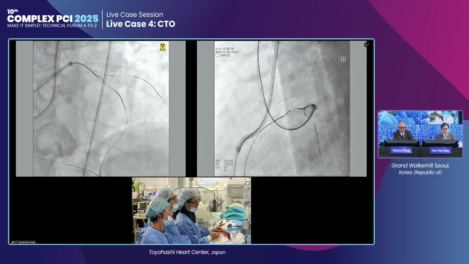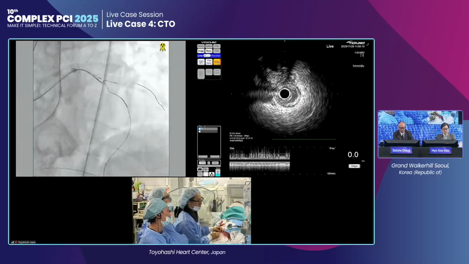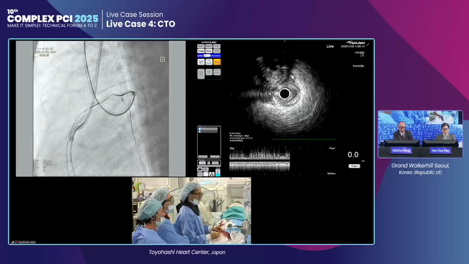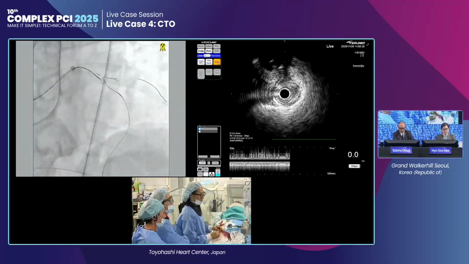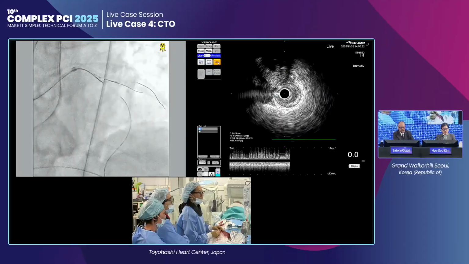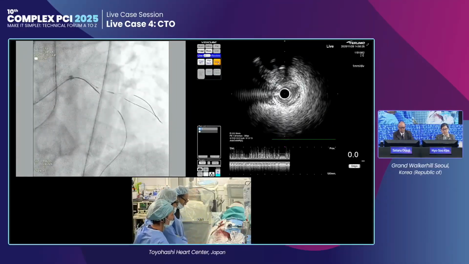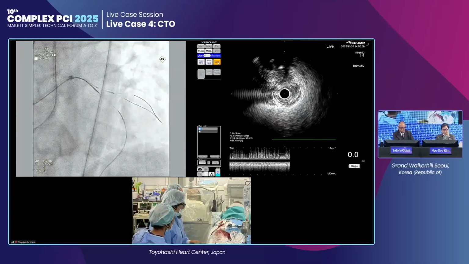Because maybe this part has a calcification. Yeah, I think this is a diagonal branch. So we have two. The guide wire advanced to the diagonal branch. Okay, the diagonal is the proximal diagonal. Yeah, that is a proximal diagonal branch.